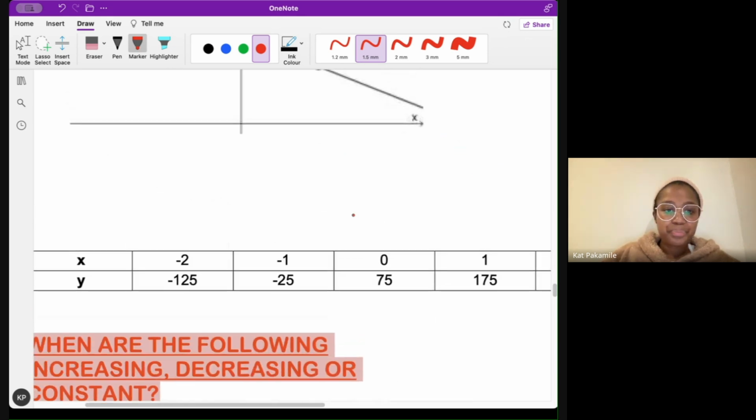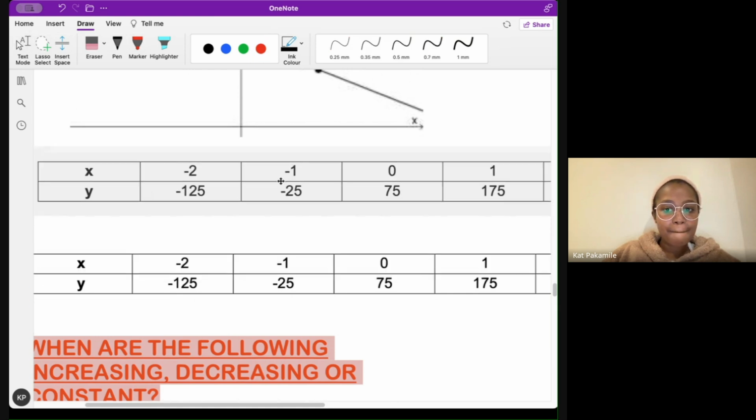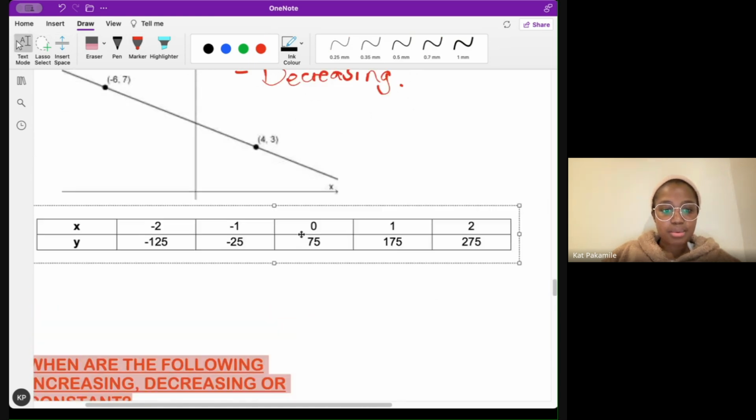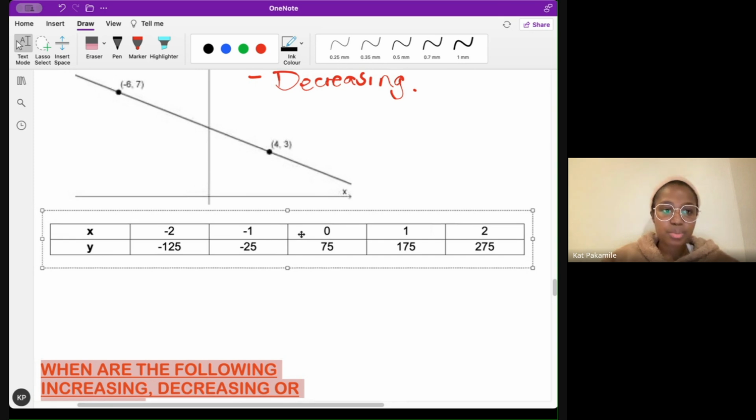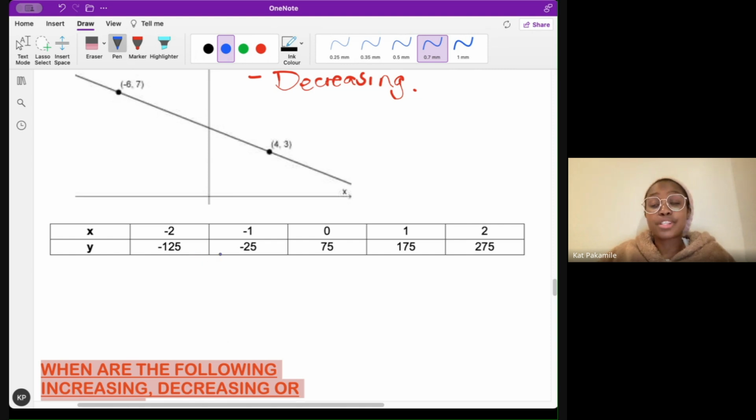Wonderful. Let's look at this last one, my table over here. It's taking up a lot of space. Now let's look. In order to determine whether it's linear or not, we need the constant difference. We need to check if it's constant. Going from negative 125 to negative 25, what did I do there?